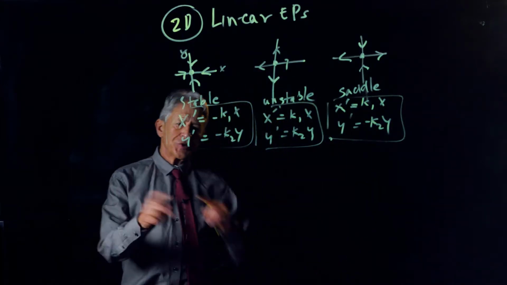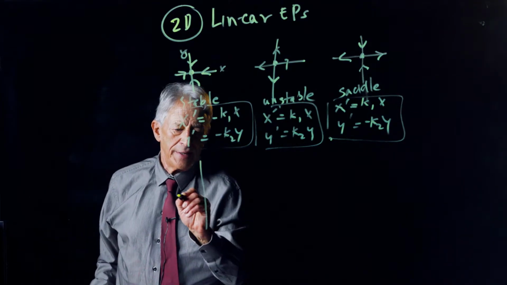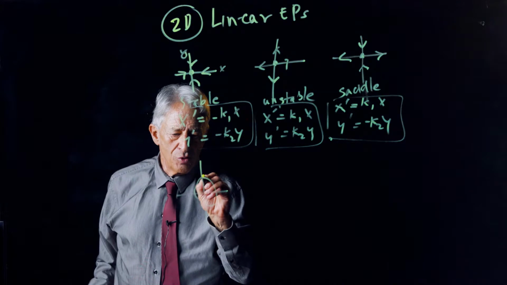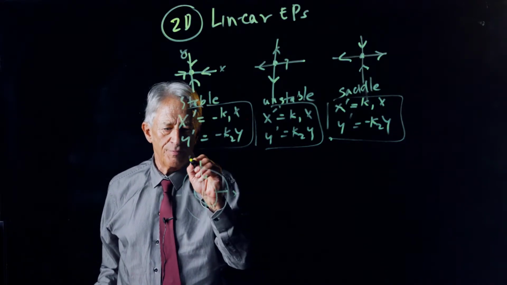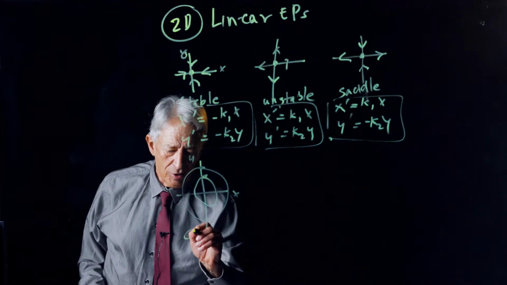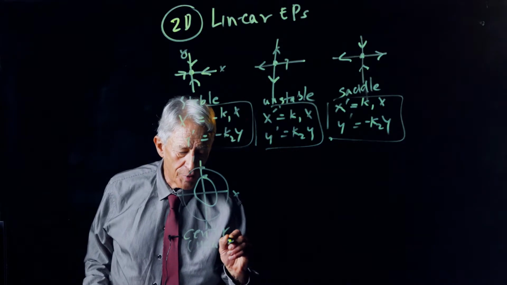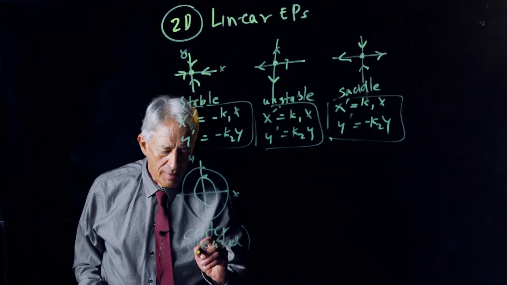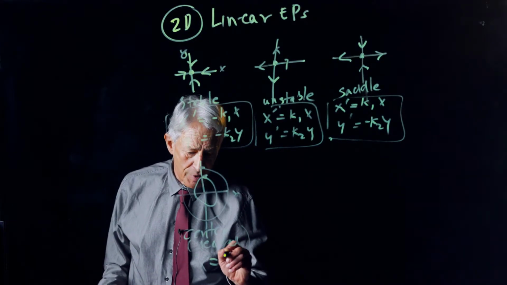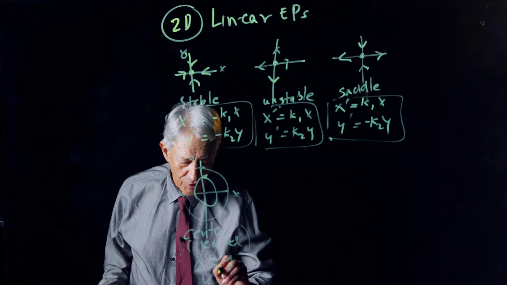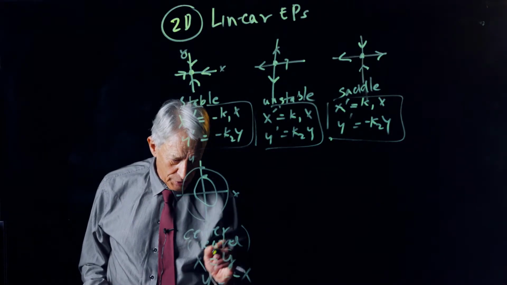And then we had the interesting ones that were not just mix and match. We had the pure center. We call it a center or a neutral equilibrium point. And that is exemplified by the differential equation x' = y, y' = -x, which you notice is also a linear equation.